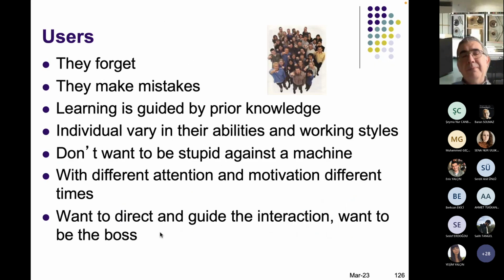So we need to understand that users are not perfect. The behavior of users is not like computers. They forget, they make mistakes, and their learning is guided by previous knowledge.